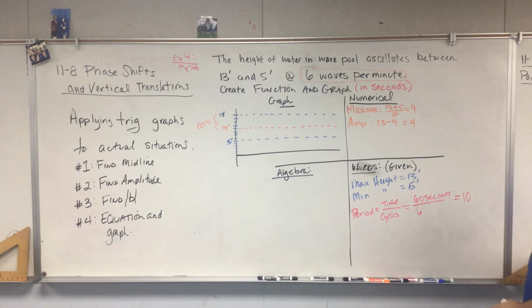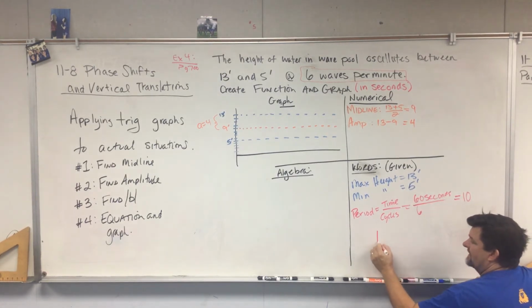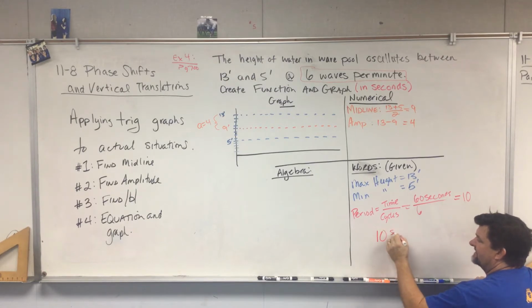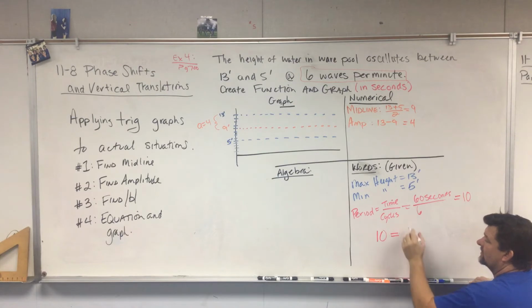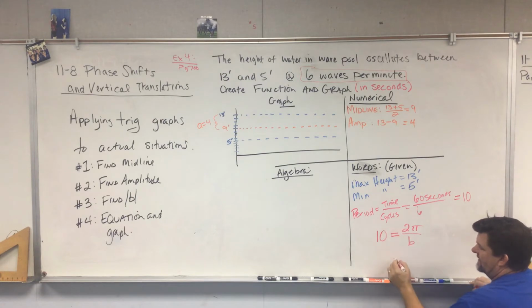So I know that my formula is 10 seconds per cycle equals 2 pi over B. If I cross multiply here, I get 10B equals 2 pi.